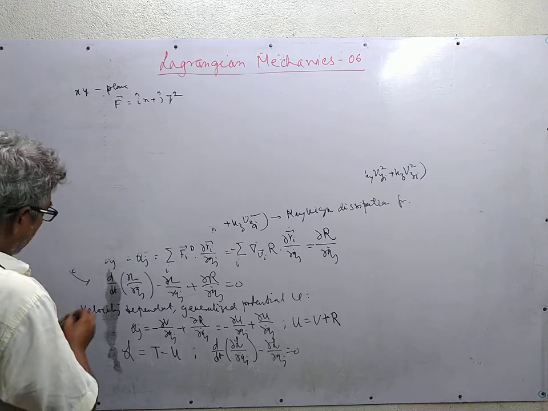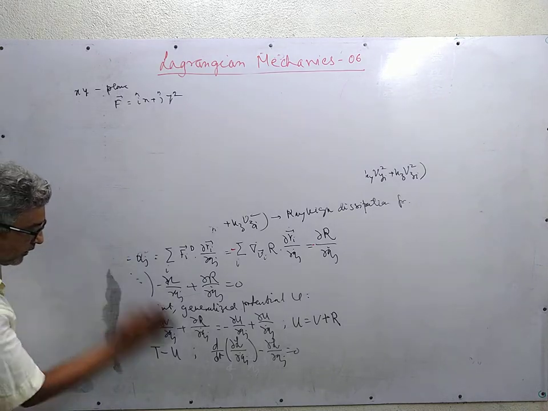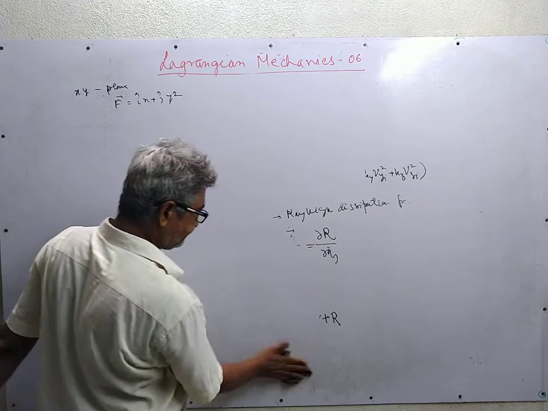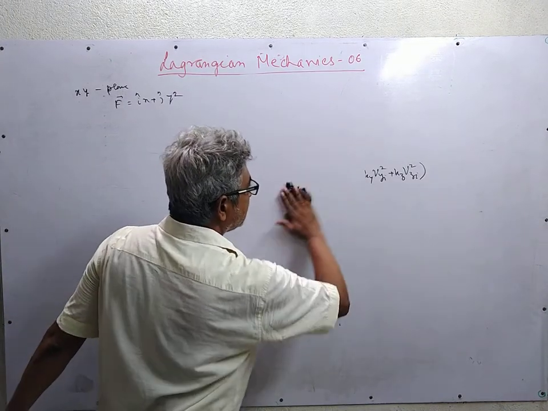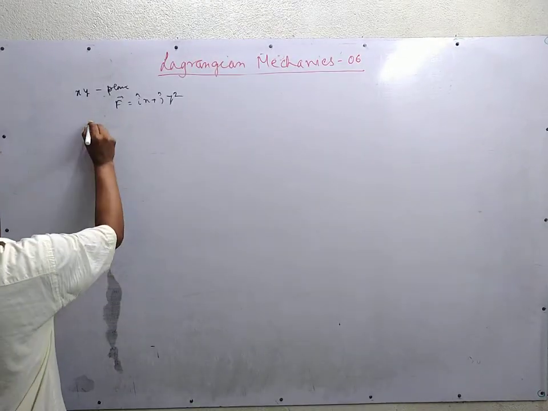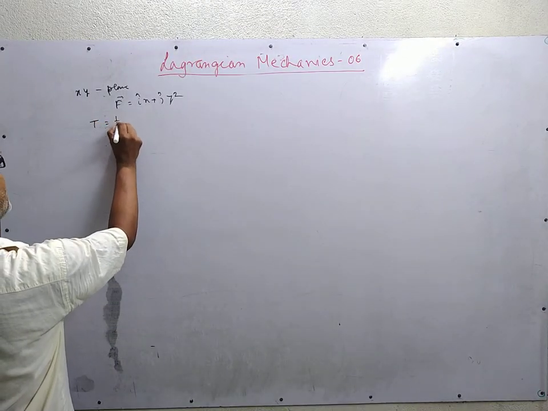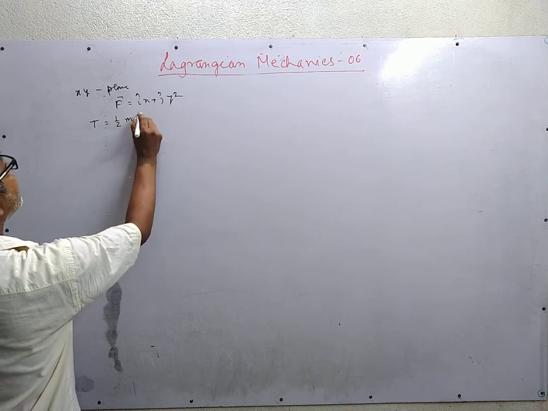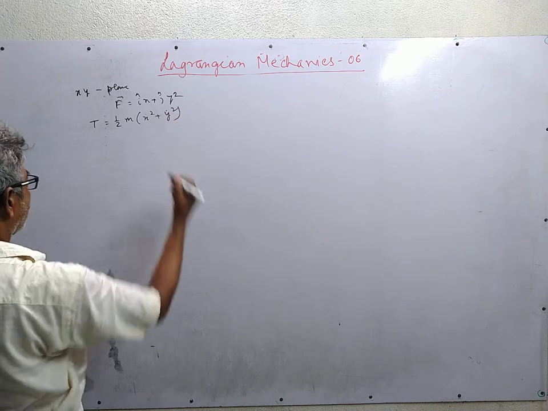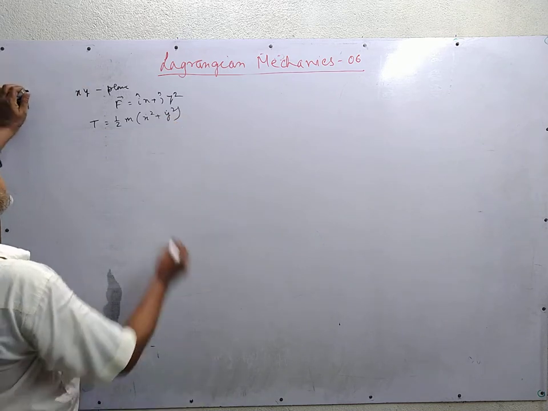So what will be the Euler-Lagrange equation for this case? Now the kinetic energy part, T is equal to half m x dot square plus y dot square.